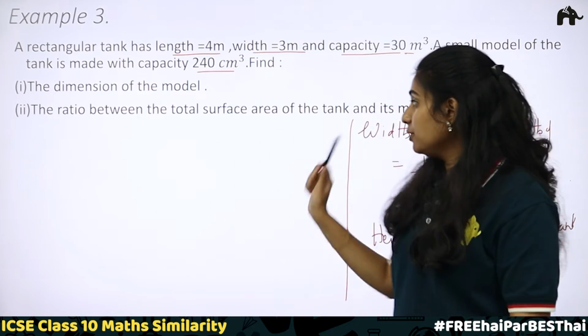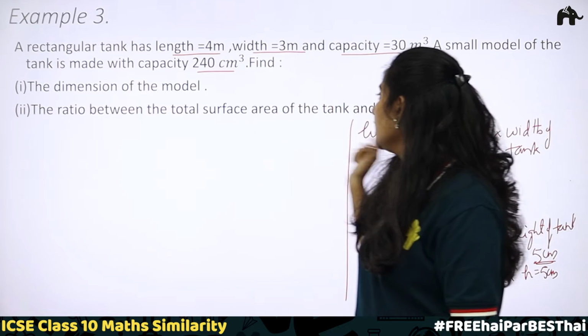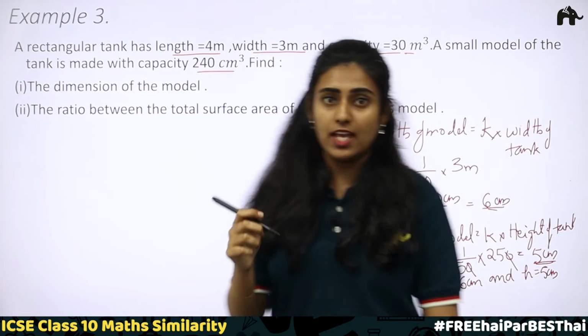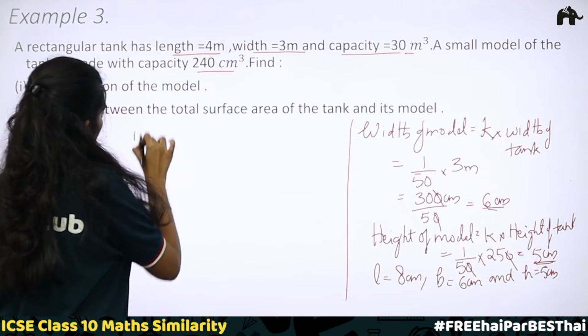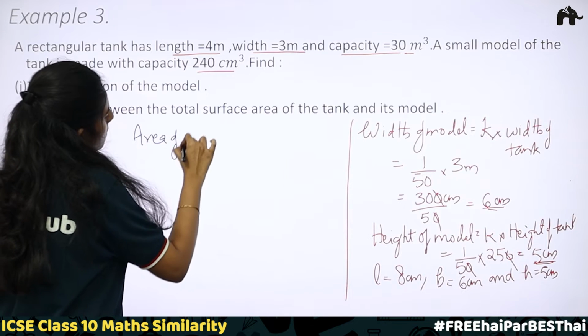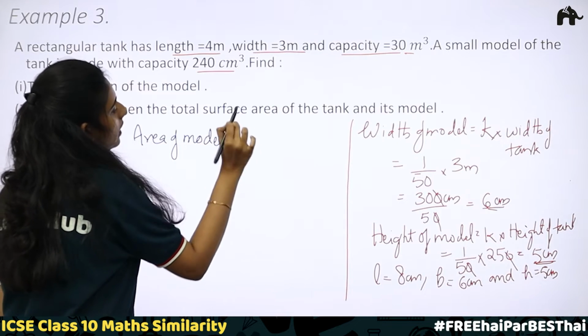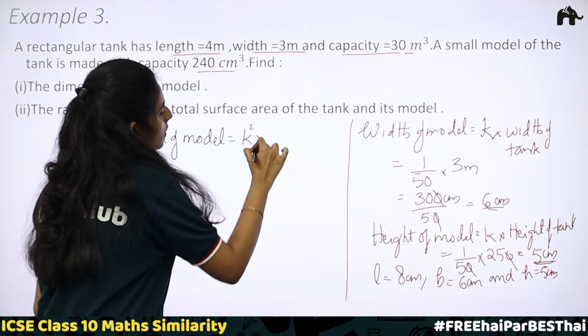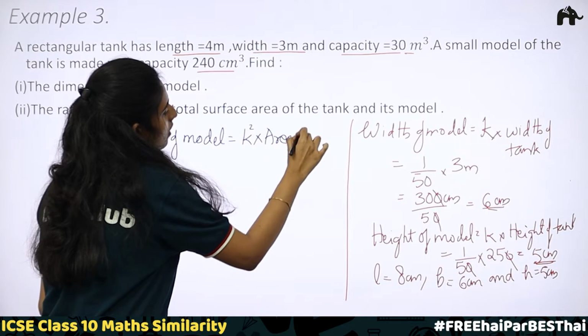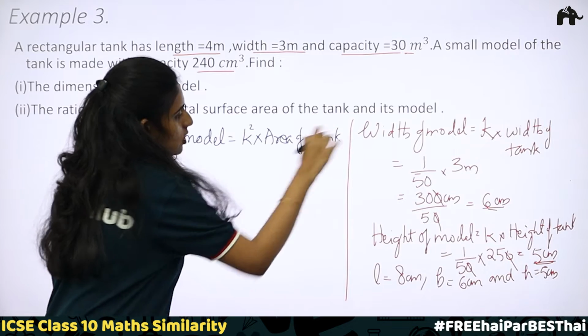Okay. Next, we have to find the ratio between the total surface area of the tank and its model. We have total surface area. Area of model is equal to k square into area of tank. That is the actual area.